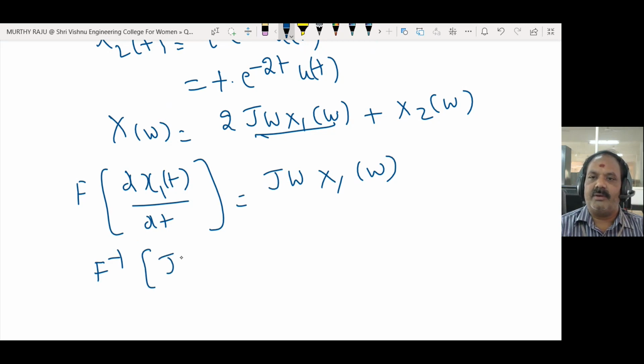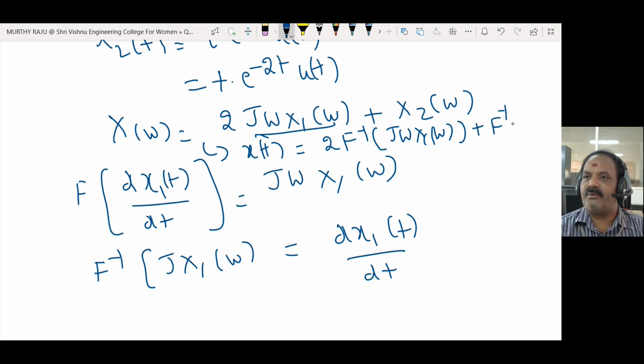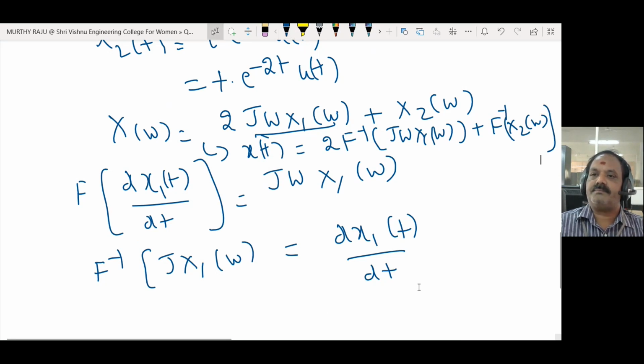Inverse of j omega X1 of omega is equal to dx1 of t by dt. So x of t is equal to 2 F inverse of j omega X1 of omega plus F inverse of X2 of omega, and F inverse of j omega X1 of omega is dx1 of t by dt.